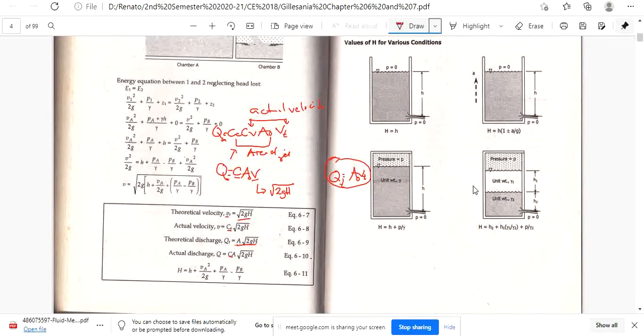If there is upward acceleration, remember from chapter 4, it is 1 plus or minus a over g. If there is pressure, as learned in chapter 2, if this is a closed tank, then P over gamma. If it is a closed tank and has multiple layers of fluids, then you add the head.